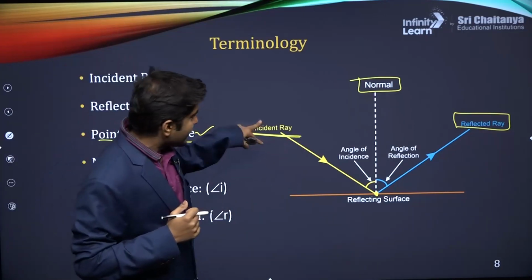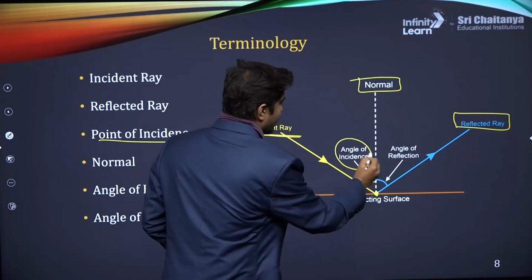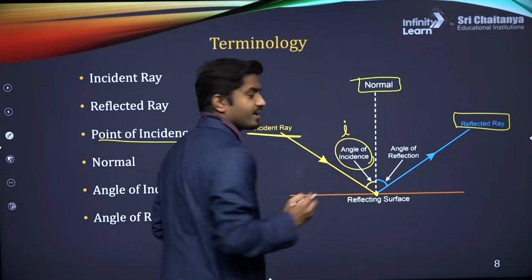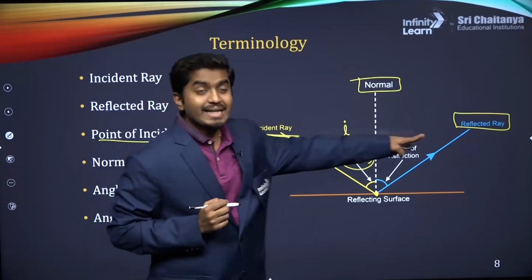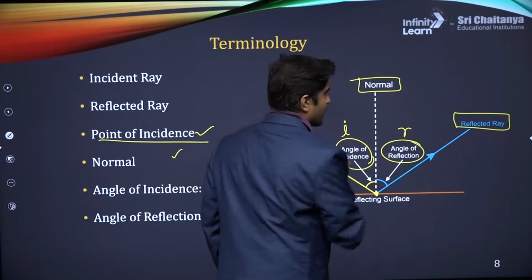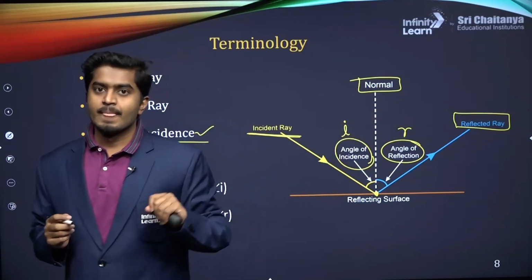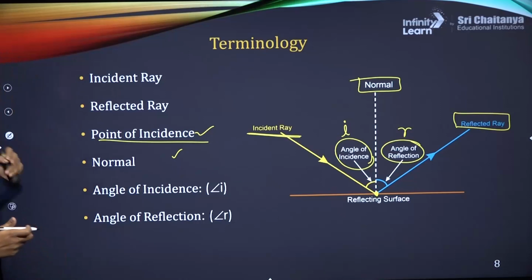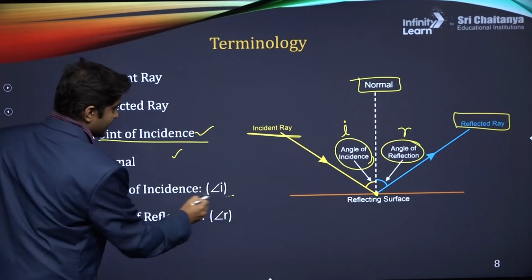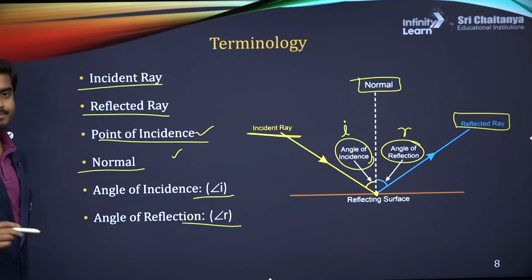Now the angle between the incident ray and the normal is called the angle of incidence, or I. The angle between the normal and the reflected ray is called the angle of reflection, or R. Angle of incidence, angle of reflection. These are the few terms which you should remember: angle of incidence, angle of reflection, normal, reflected ray and incident ray.